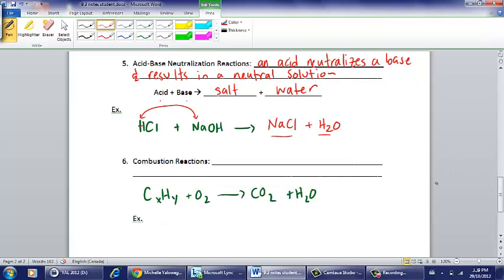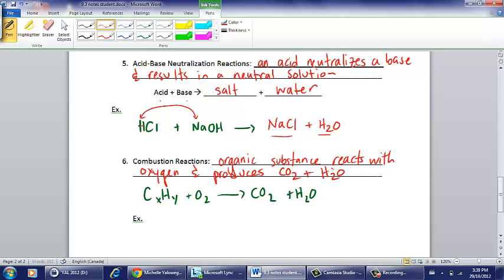Last one, number 6, is a combustion reaction, and this is when an organic substance reacts with oxygen and produces carbon dioxide and water. So organic substance reacts with oxygen, and the products are always carbon dioxide and water.